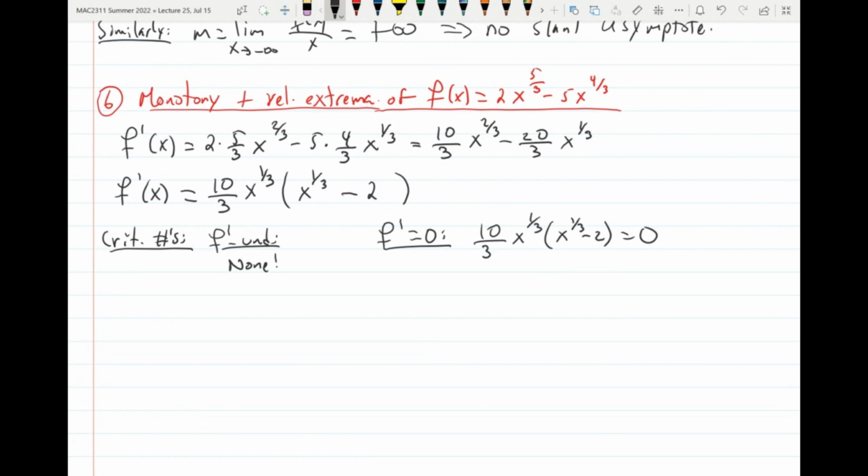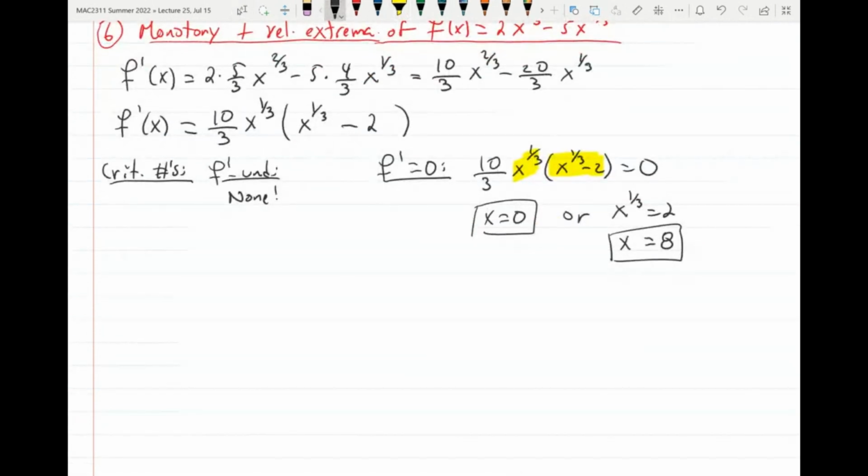And then the solutions are apparent here. So you get x equals 0 coming from this factor. And then the other one will be x to the 1/3 equals 2, meaning that x is 8. That's coming from this other factor. Okay? So we found ourselves two critical numbers.